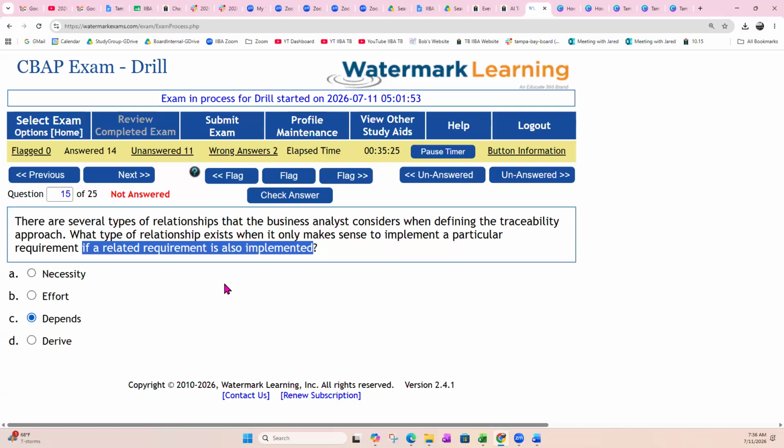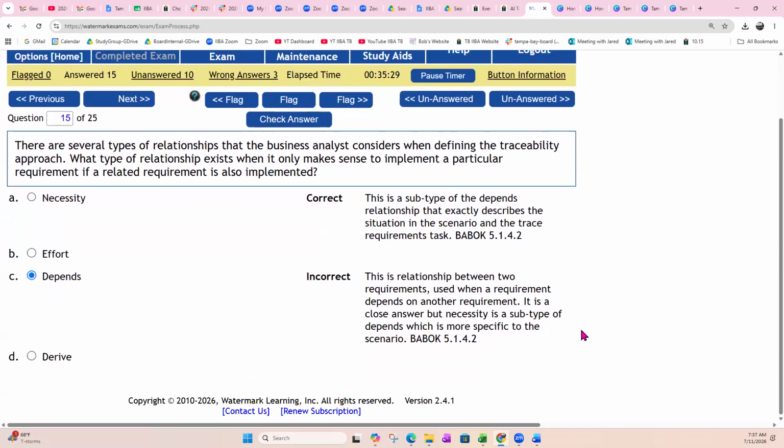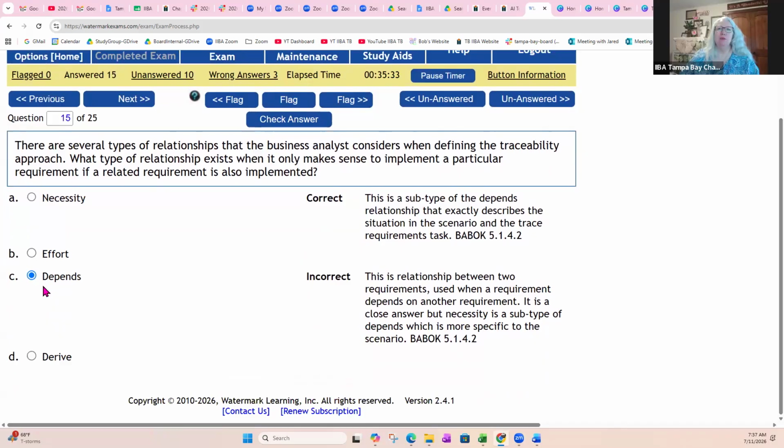Is that the correct answer? It is incorrect. Depends is a relationship between two requirements, whenever one requirement depends on another. It's a close answer, but it's not what we want here. We want necessity. It's a subtype of the depends relationship that exactly describes the situation in the scenario and the trace requirements task.